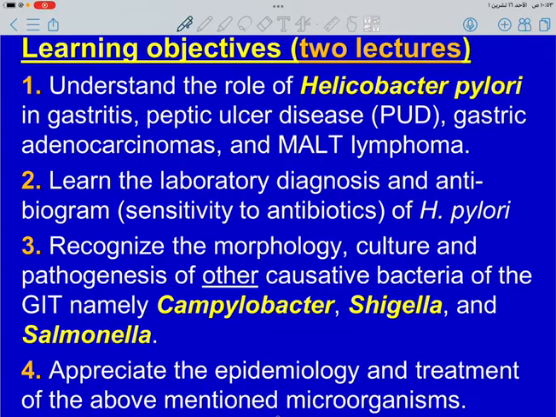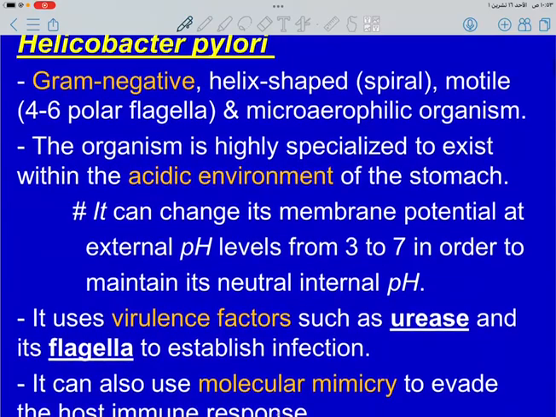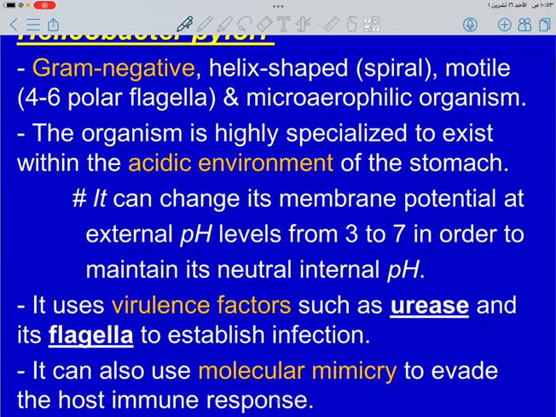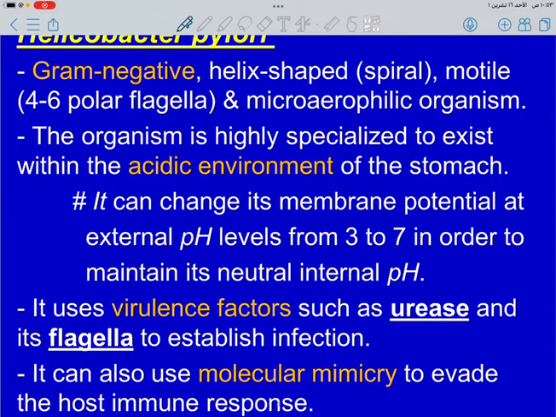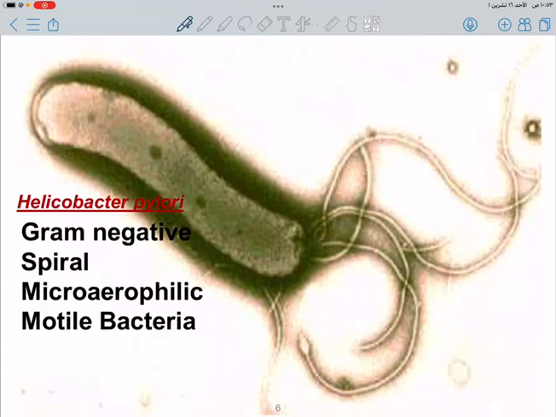So let us start with Helicobacter pylori. First of all, this microorganism is gram-negative. Helix shape, spiral, لولبية. Also, this microorganism is motile, 4 to 6 polar flagella. وراح نشوف الصورة كيف عندها polar flagella. نشوف الفلاجيلا نتحرك فيها 4 to 6 هاي الفلاجيلا للحركة for swimming.